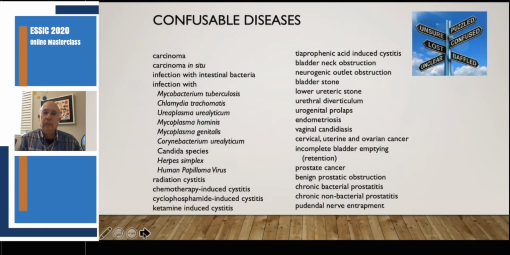Now, there are numerous confusable diseases, as you can see in this long list, and we've added to them in recent years, including ketamine-induced cystitis. There are a whole bunch of these.